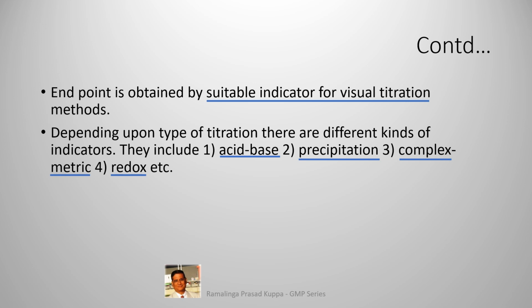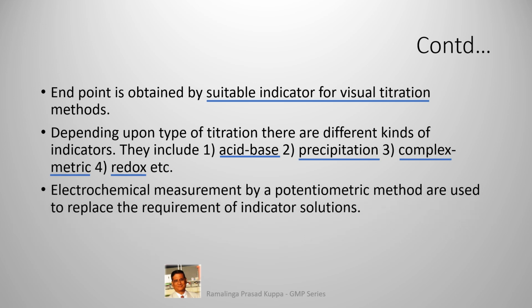Redox titrations use the reduction and oxidation potential of the substance. Electrochemical measurements by potentiometric method are used to replace the requirement of indicator solution. This is useful if there is any possibility of human error in identifying the color change accurately.